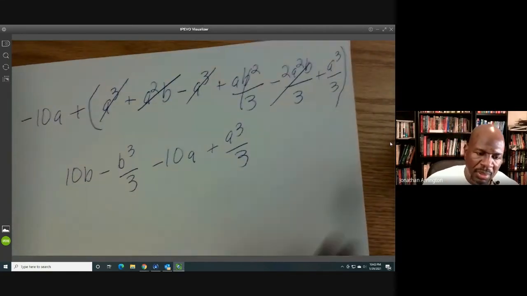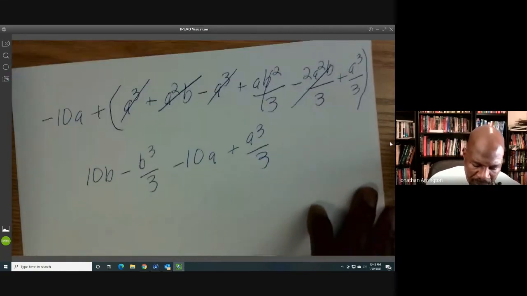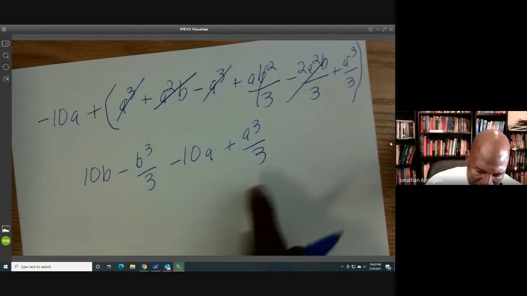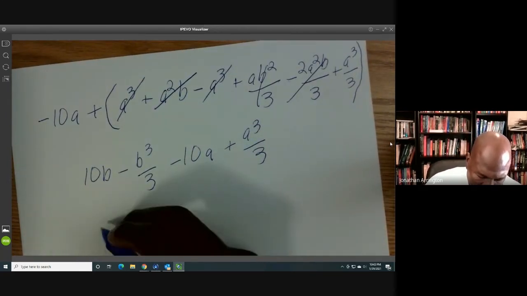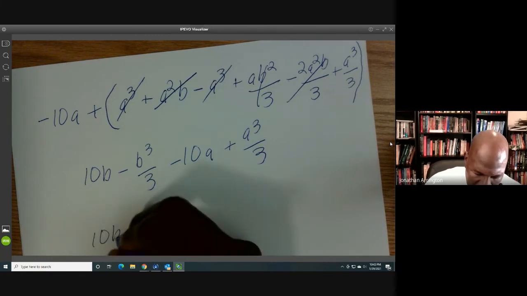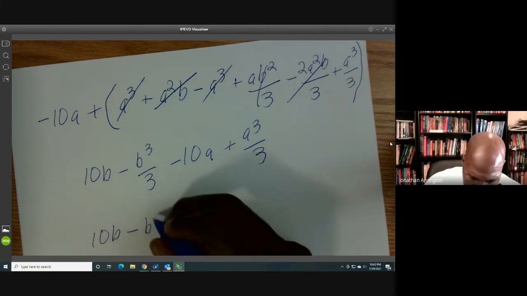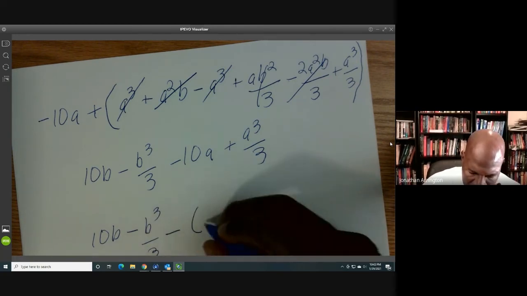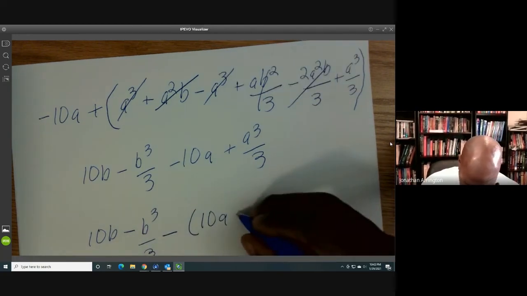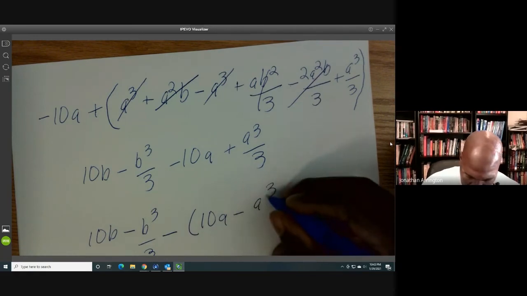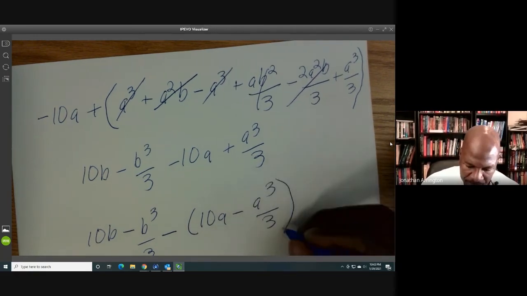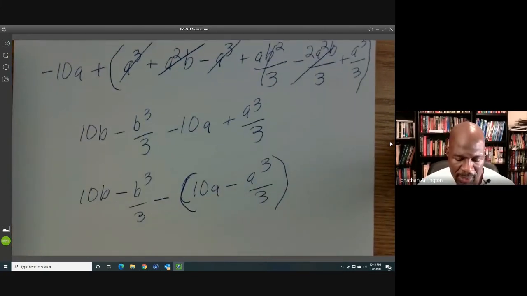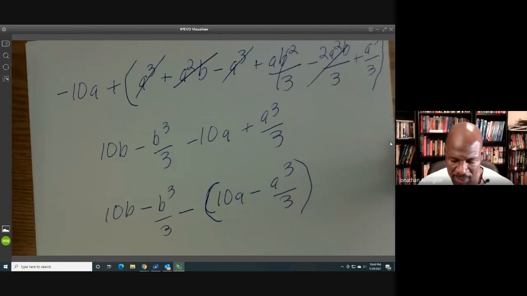And just for the sake of beauty or understanding, I'm going to write this as 10b minus b cubed over 3 minus 10a minus a cubed over 3. Okay, that's cool, right? Now let's remember what this represented.